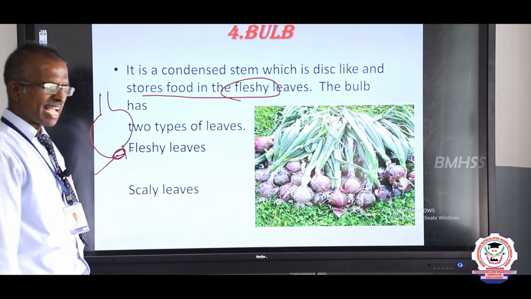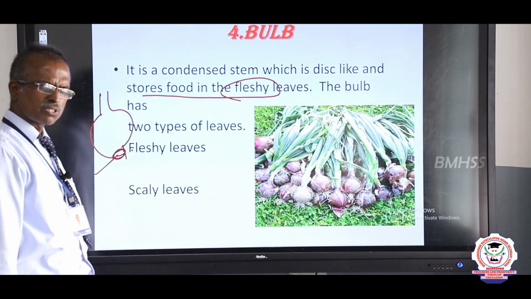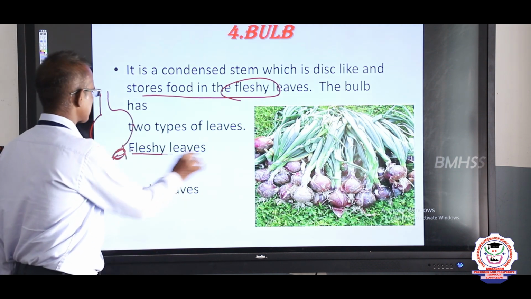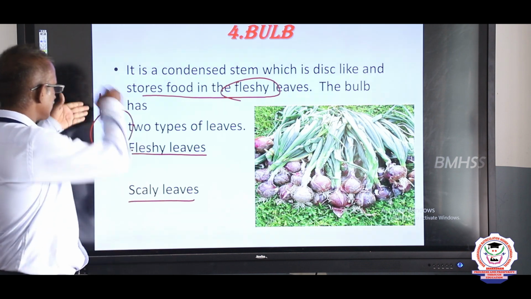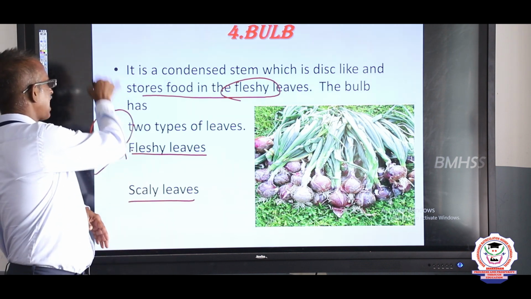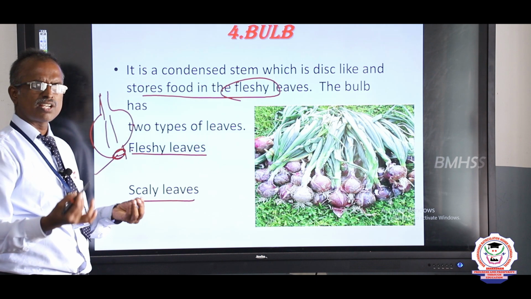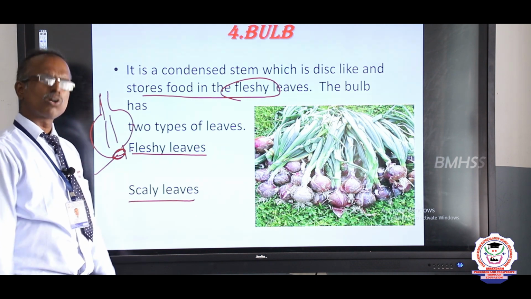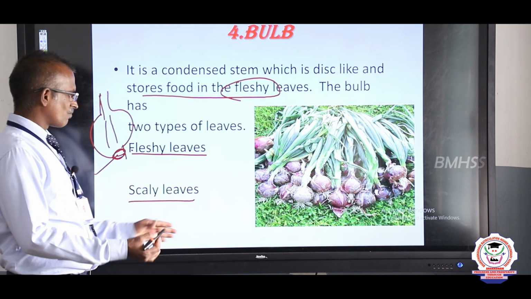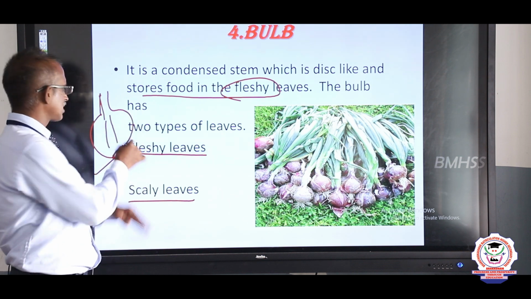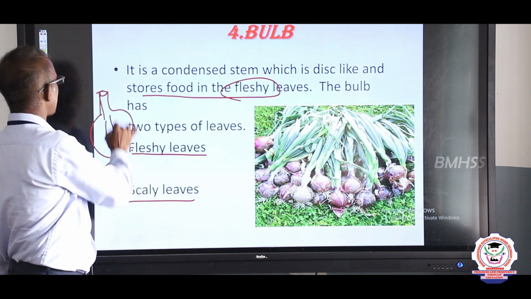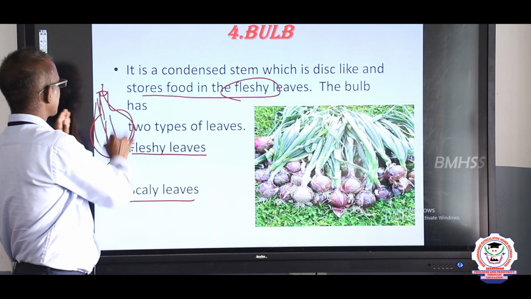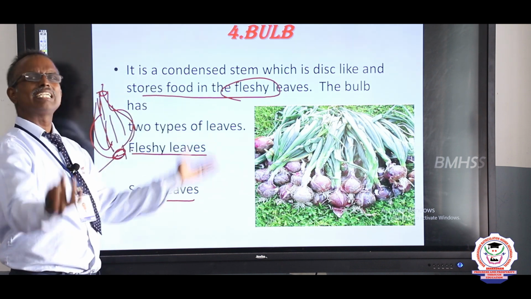The bulb has two types of leaves, fleshy leaves and scaly leaves. The fleshy leaves, on the inner side, are fleshy and store more food material, while at the tip of the stem a terminal bud is covered with a dry structure.